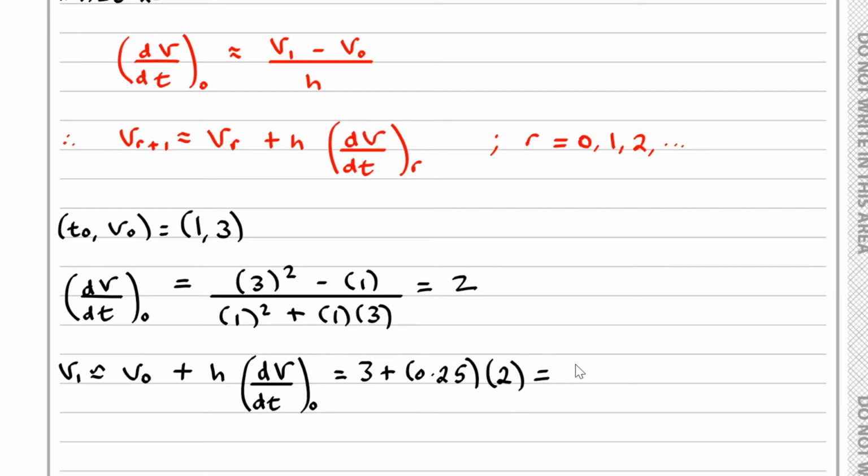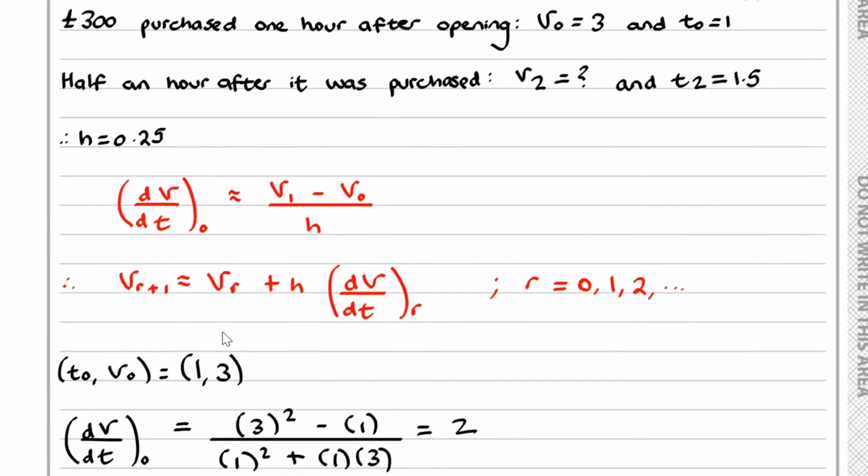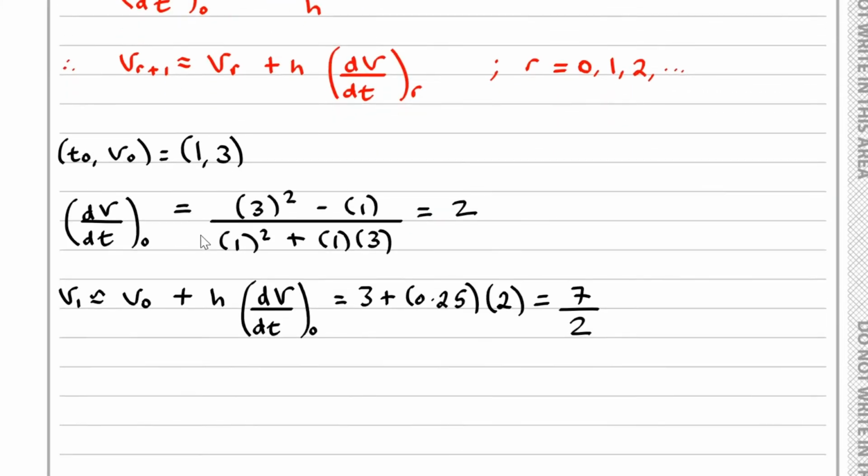And if we work this out, we get a value of 7 over 2. So with that, obviously we know that t1 is equal to 1.25. We can therefore conclude that t1, v1 is equal to 1.25, and then 7 over 2, that's 3.5.